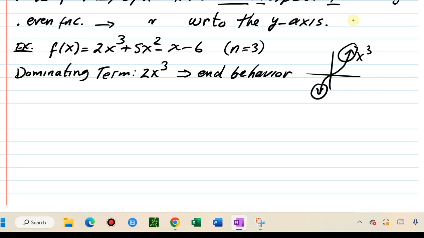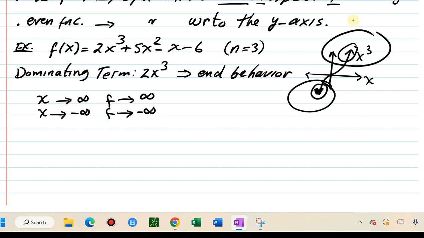So it's going to end up like that for large x, and like this one for small x's. Now we'll note that on our graph, but let me write it for now. Because the dominating term is x cubed, as x goes to infinity, f goes to infinity, and as x goes to negative infinity, the function approaches negative infinity. Again, precisely what we're saying on the graph.